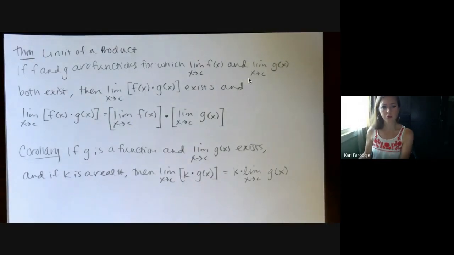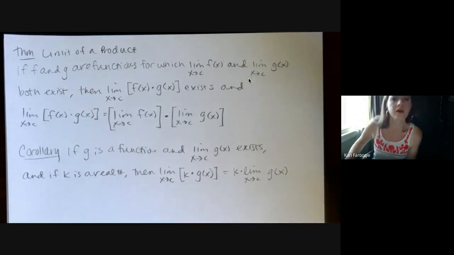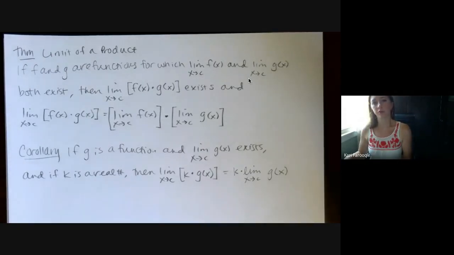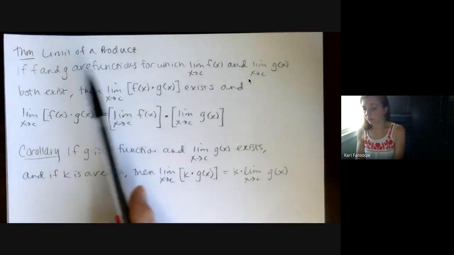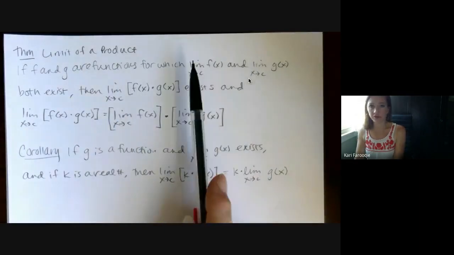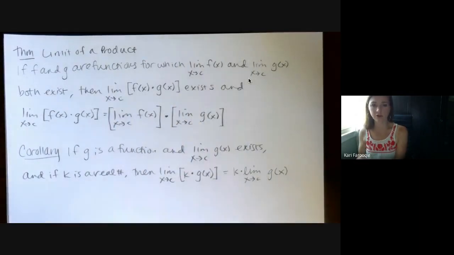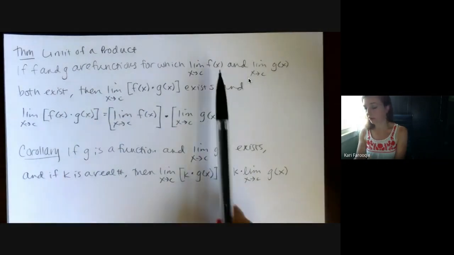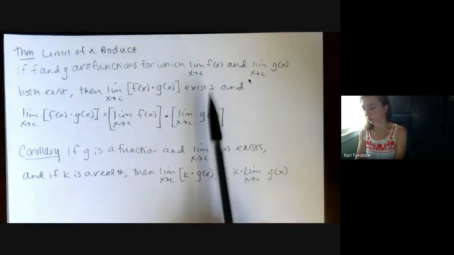So I'm going to give you two examples. One of them is going to use this constant multiple rule, and the other is going to use the limit for the product of two functions. The difference between the two is that for the limit of a product, f and g are both functions of x, meaning there's some sort of expression having to deal with x inside the function. So it could be any number of things.